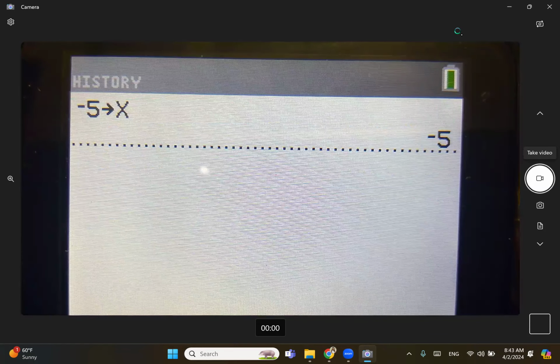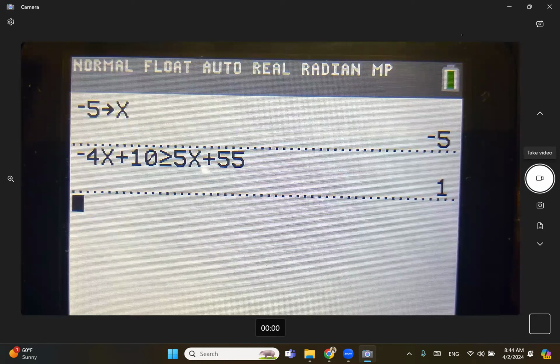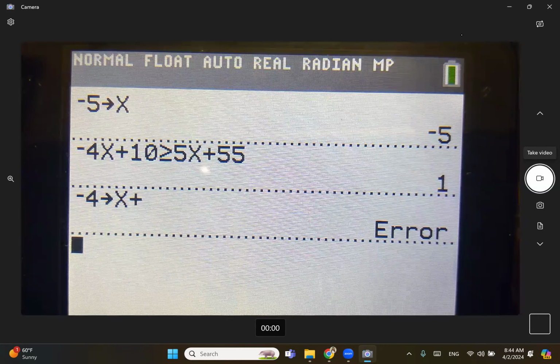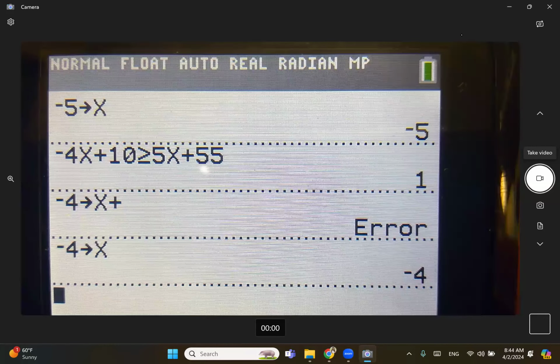It can't be -5. It has to be a number greater than -5. What's a number greater than -5? Greater, -4. What number? -5. -7. Oh, okay. There it is.